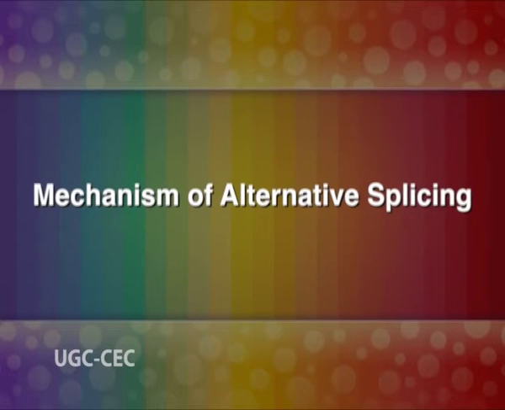Now, the mechanism of alternative splicing. During alternative splicing, cis-acting regulatory elements, enhancers and silencers in the mRNA sequence determine which exons are retained and which exons are spliced out.